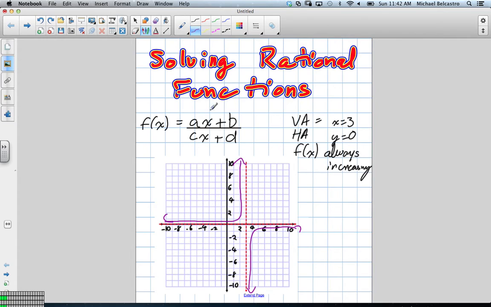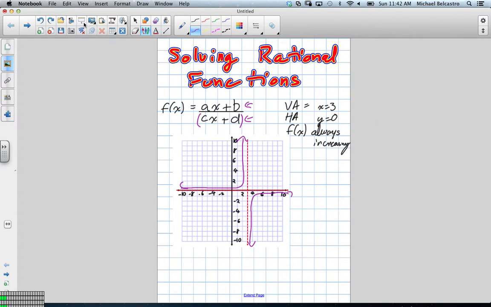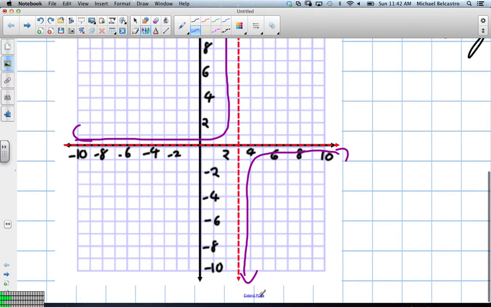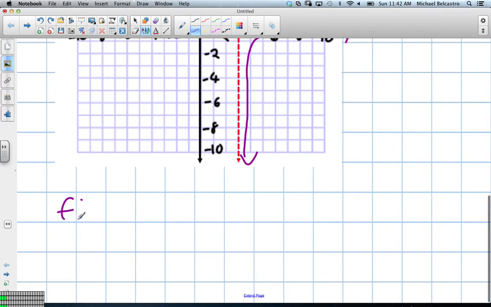So we know which part of the rational function, the numerator or denominator, top or bottom? Denominator. That's what the vertical asymptote deals with, right? So let's actually set that equal. We'll zoom in at the bottom, our vertical asymptote is going to be 3. So that means of our f at x, the denominator cannot equal 3. Okay, so we can always work backwards.